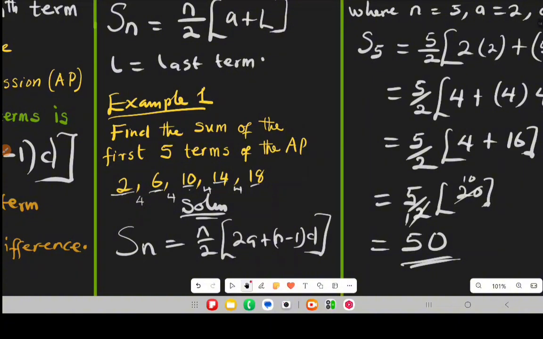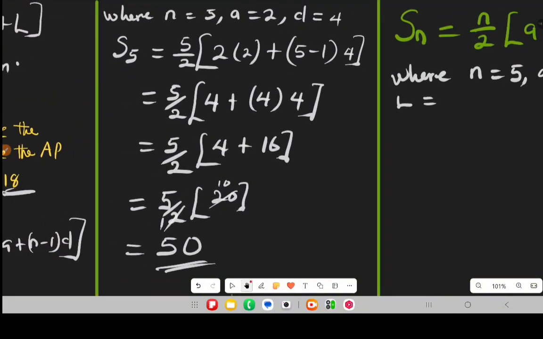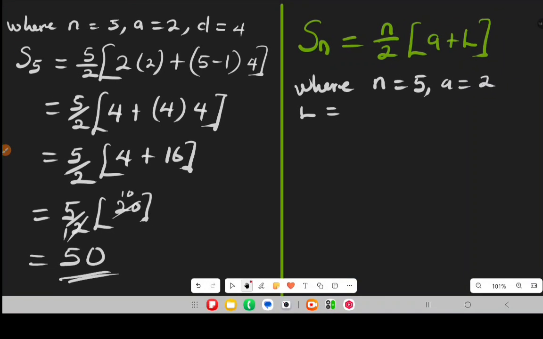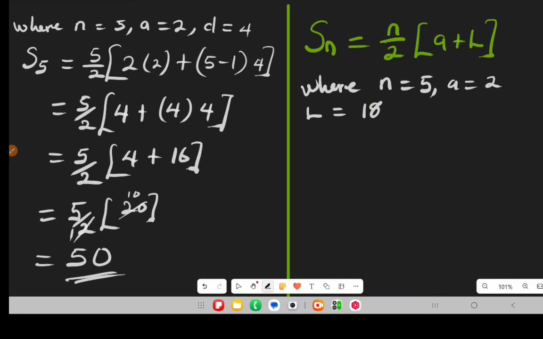The last term given is a10. a10 is the last term. Let's substitute n equals 5, a equals 2, and l equals a10, and see if we get the same answer as 50.